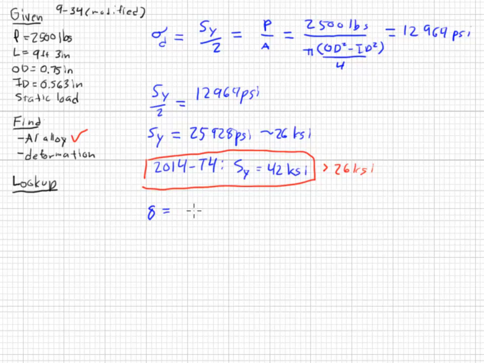Deformation is equal to the force times the length over the area times the modulus of elasticity. Well, we need to look up the modulus of elasticity for 2014 T4. That is 10.6 times 10 to the 6th psi.